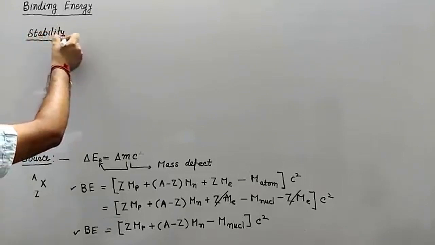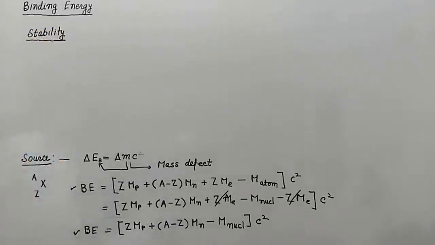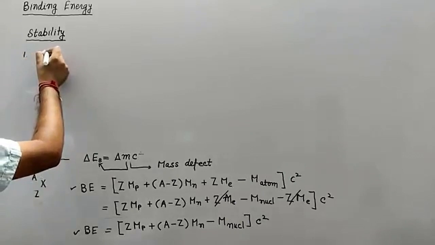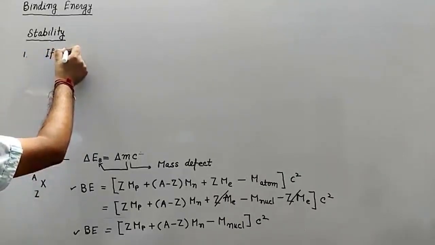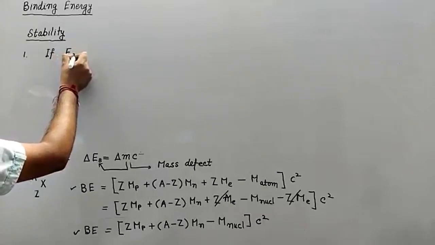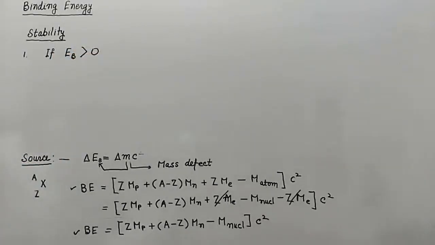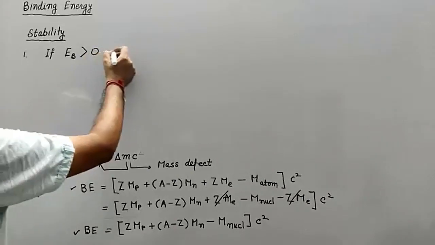The binding energy of a nuclei provides us information about the stability of the nuclei. Number one, if binding energy is greater than 0, if binding energy is positive, it means the nuclei is stable.